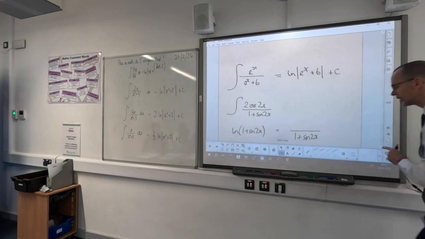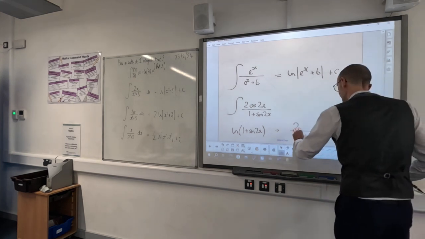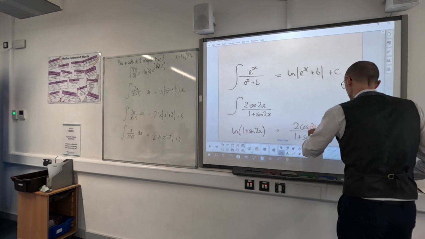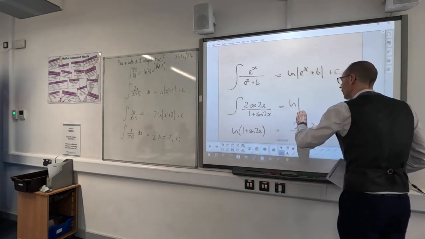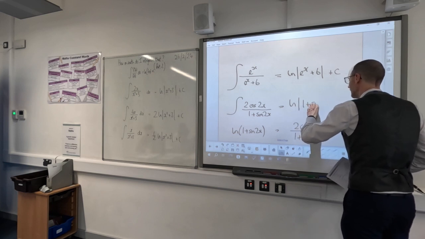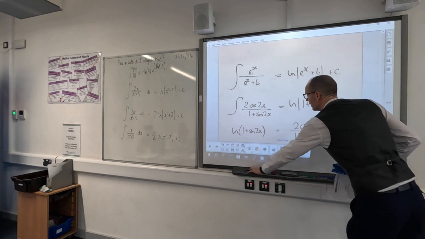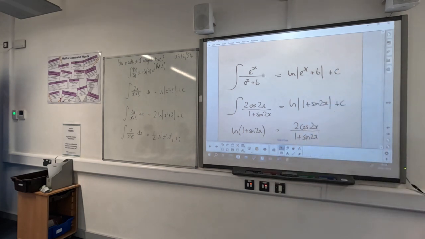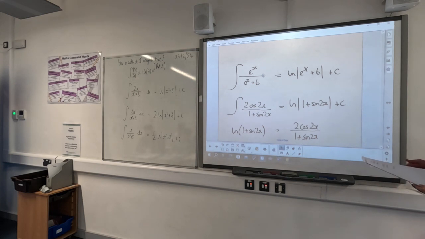When you differentiate 1, it disappears. When you differentiate sine 2x, sine becomes cos 2x multiplied by 2. Bingo. So the answer to this is just ln of 1 plus sine 2x. So even weird and wacky things like that still come from a log.